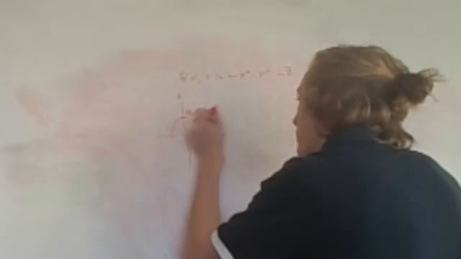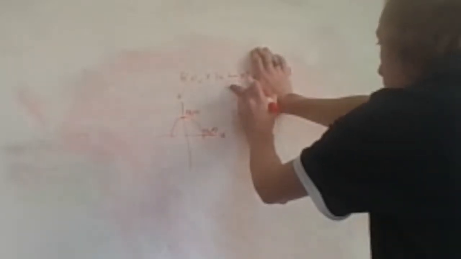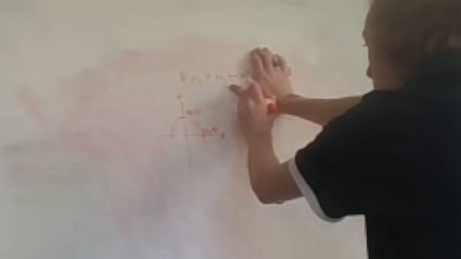This is going to be 3, 0, because at x equal to 3, we're going to ignore the y. Gosh, my brain is not braining.